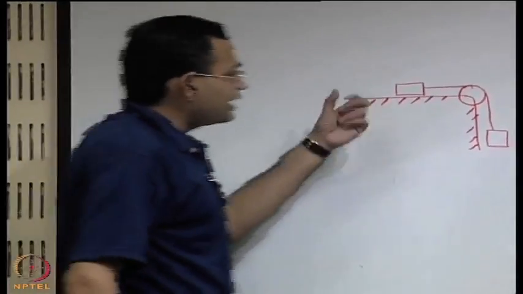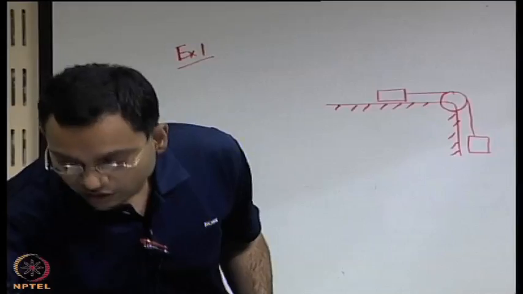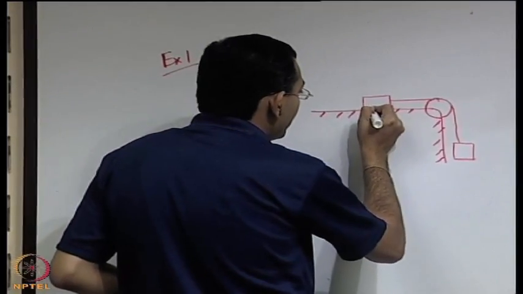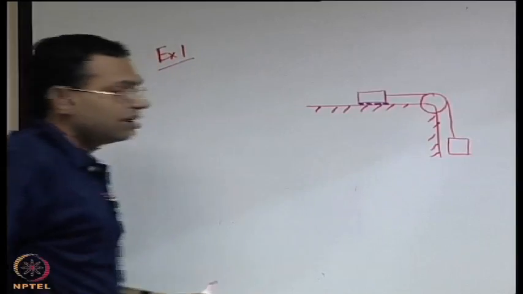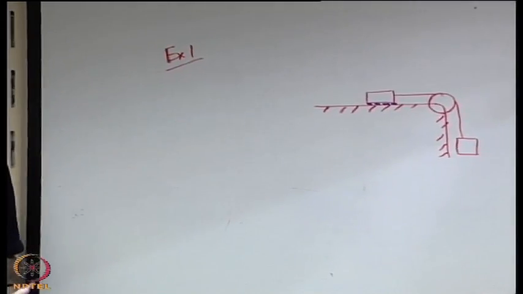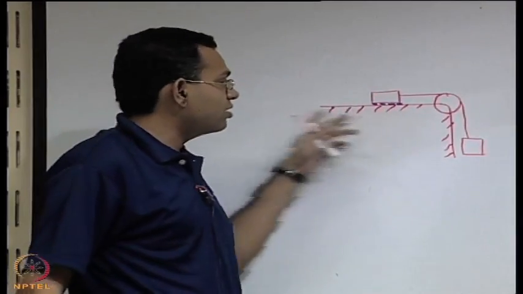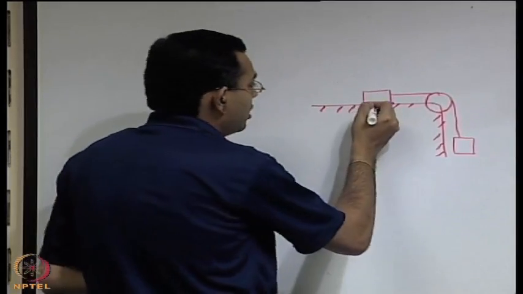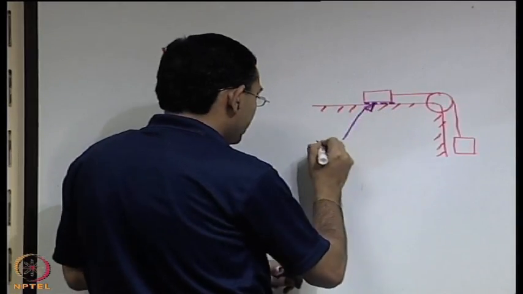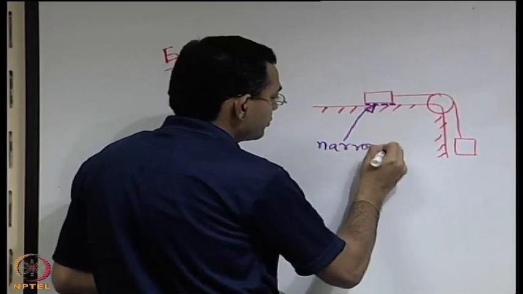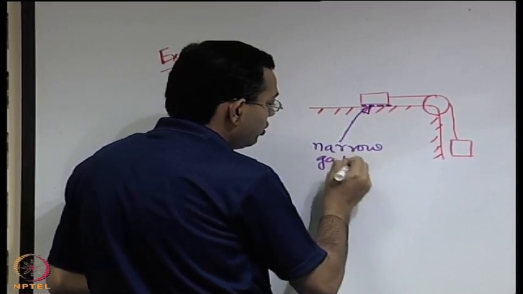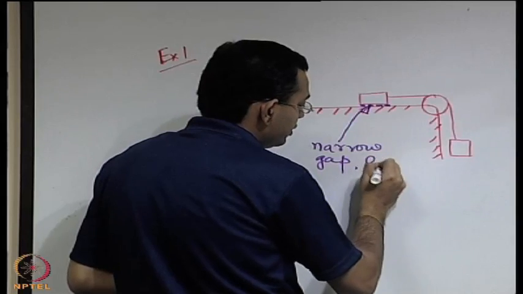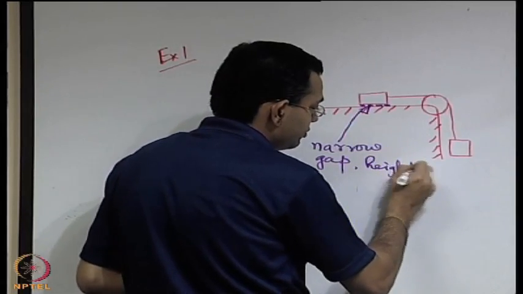So, where we make a change is like we put some fluid, say oil, in the narrow gap between the block which is there on the plane and the plane. So, this qualitatively is a narrow gap of say height small h.